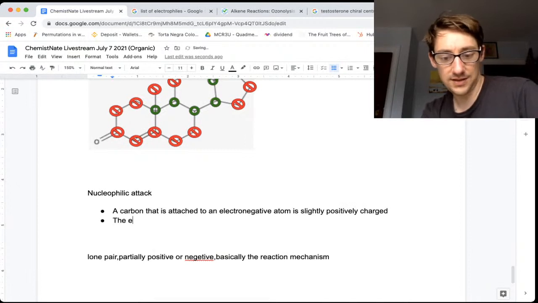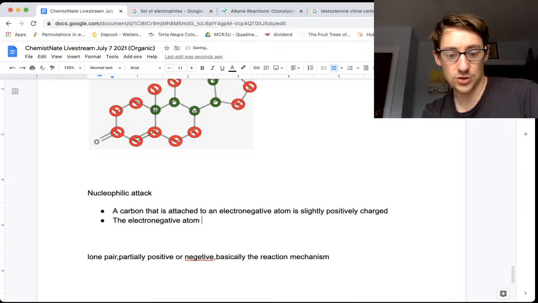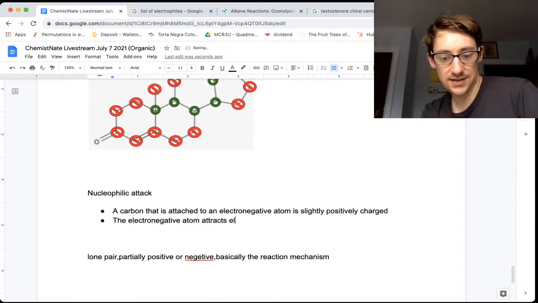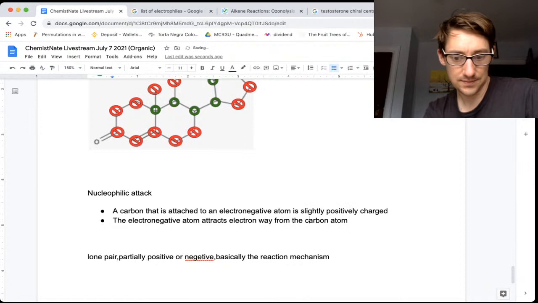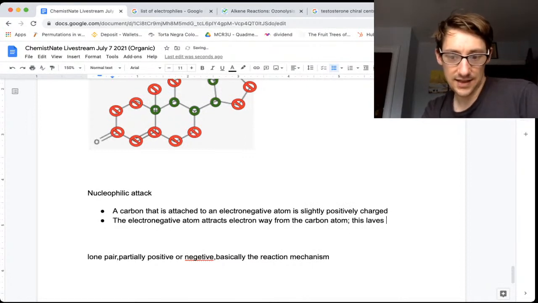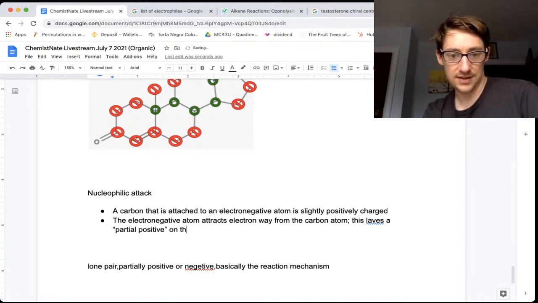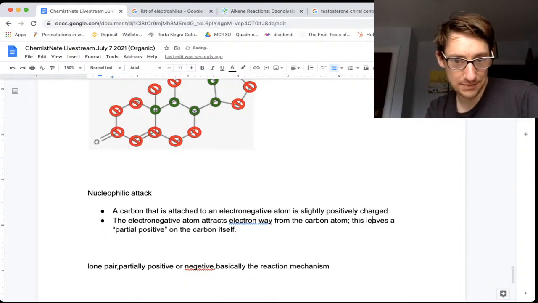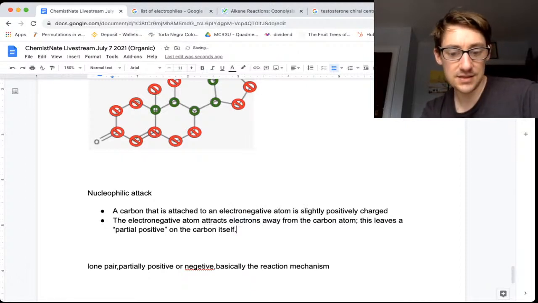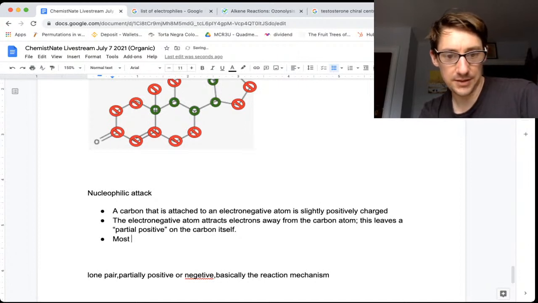The electronegative atom attracts electron density away from the carbon atom, and this leaves a partial positive on the carbon itself. Now in organic chemistry, for those of you who are doing more advanced mechanisms, this is most common for a CO or carbonyl group.